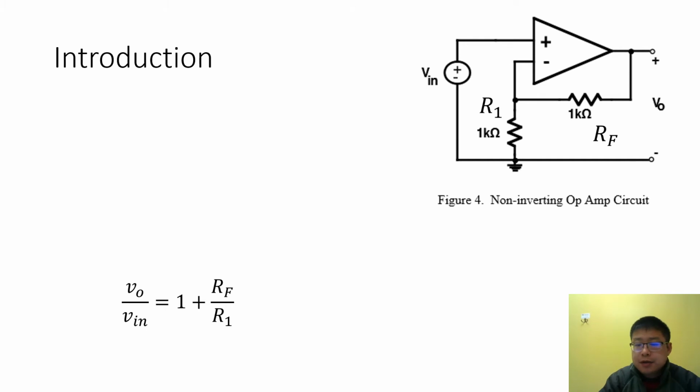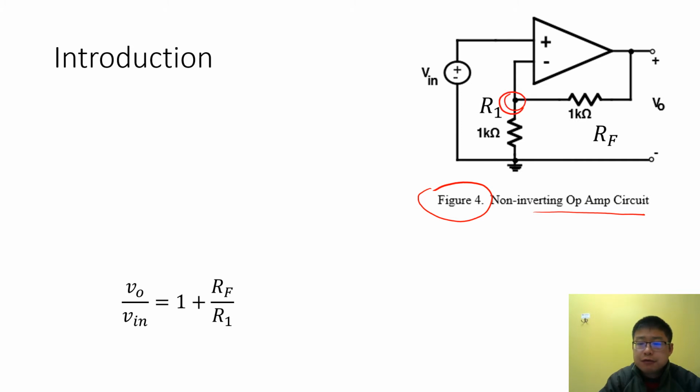Let's take a look at the non-inverting operational amplifier circuit as the first example. This circuit is shown in figure 4 in our lab user manual. First, let's take a look at the node voltages.